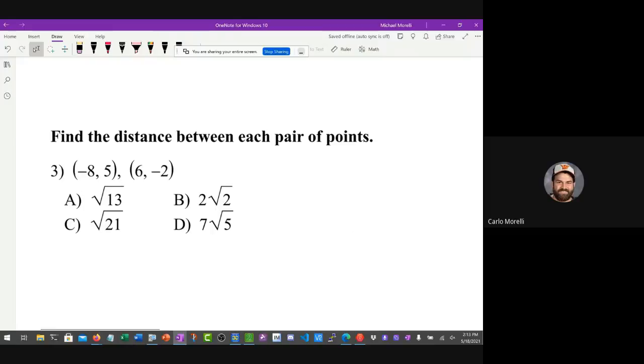Number 3, find the distance between 2 points. The most important thing is to label x1, y1, x2, y2. And then you have to write out the distance formula. Distance equals the square root of x2 minus x1 squared plus y2 minus y1 squared, all underneath the root symbol.